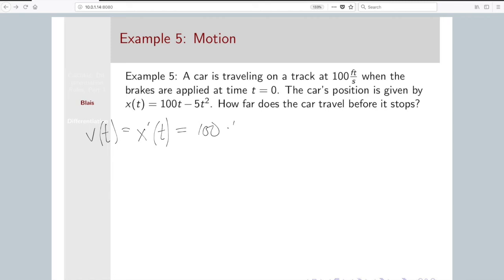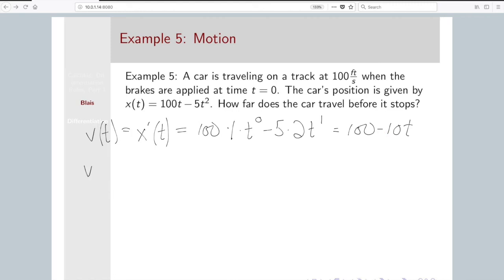So you bring the 1 out front, and then you reduce the power of t by 1, so we have t to the 0. And then for this term, same kind of thing. We have minus 5, bring the 2 out front, reduce the power of t by 1. So this gives us 100 minus 10t.